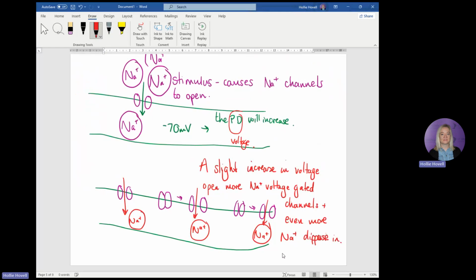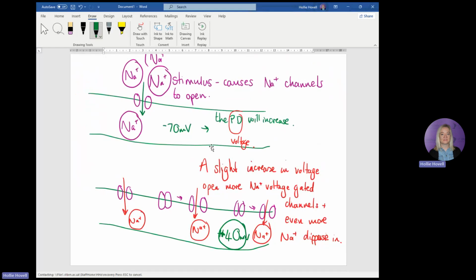And eventually that -70 in the axon will get enough positive ions in here that it will reach +40 millivolts. And when we reach +40 millivolts, we've reached an action potential.